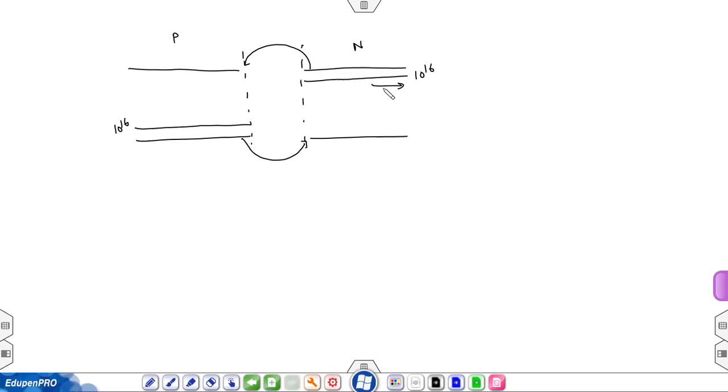So now, how to show this on the band diagram? Okay. As soon as equilibrium is reached, as I told you, the gradient in the Fermi level will be 0. The Fermi level will be constant throughout. So now let me first draw the Fermi level.